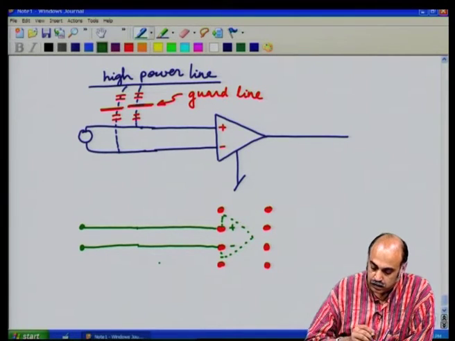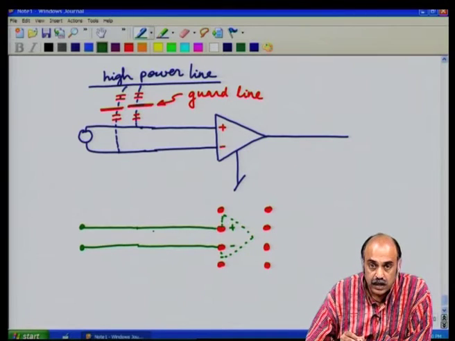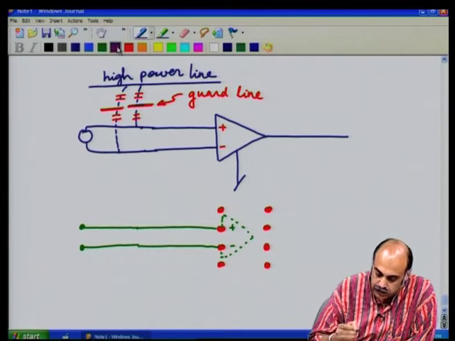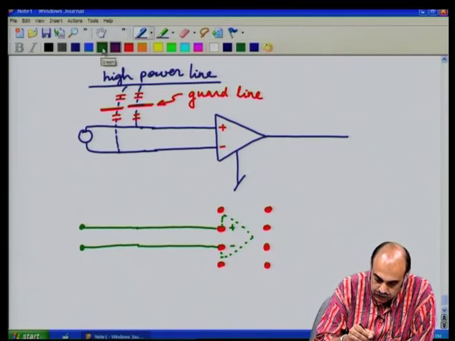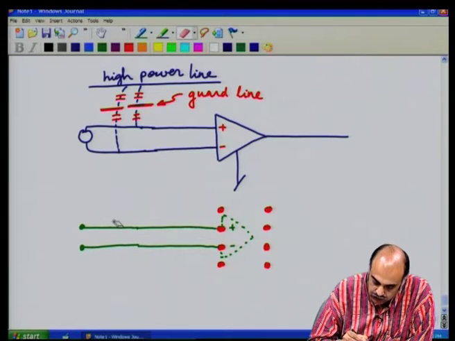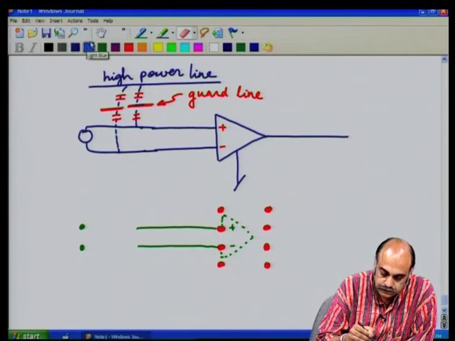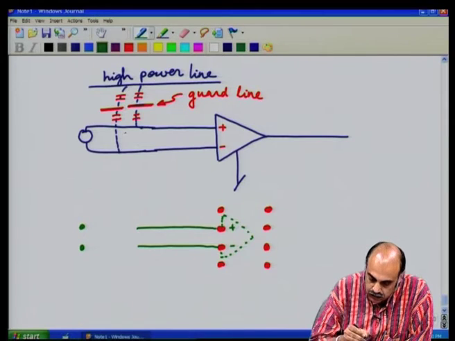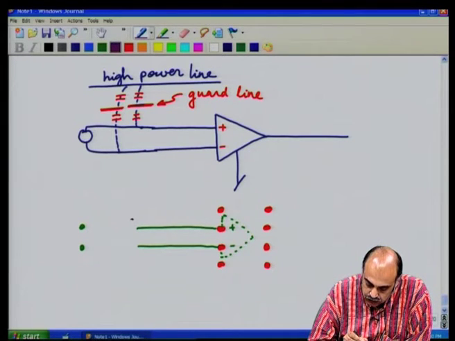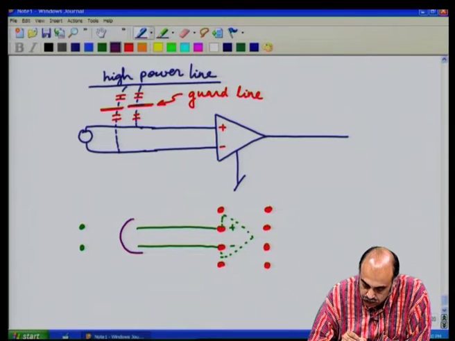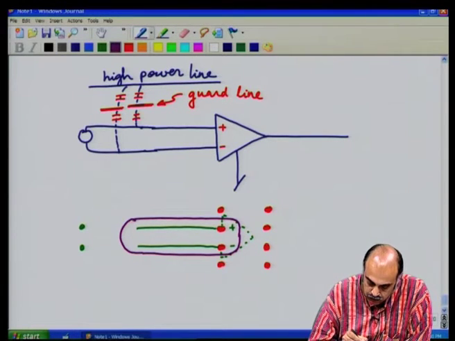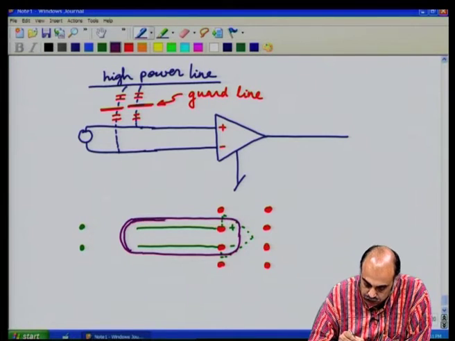Now, these lines we need to guard from all external lines. So we shall erase a part of this, then give the guard in this fashion. You guard these two lines by putting a track like this all round it.